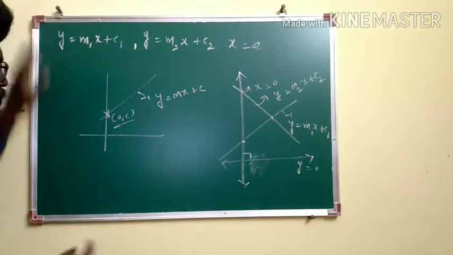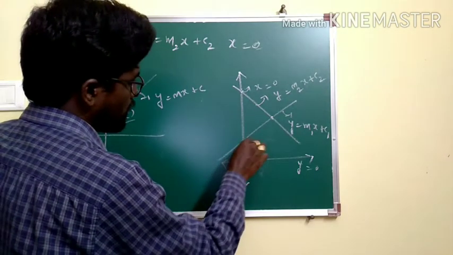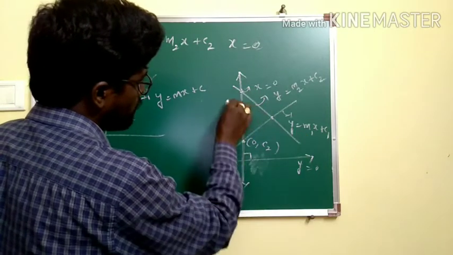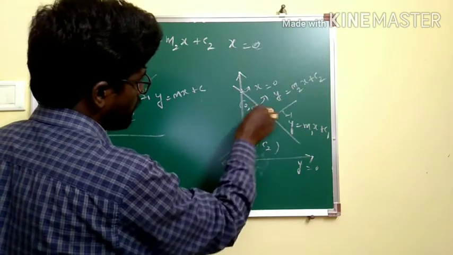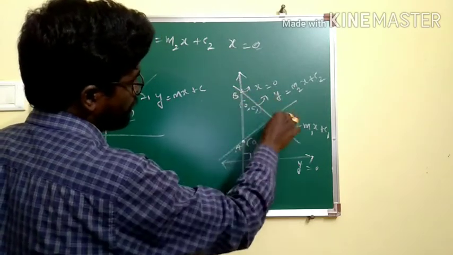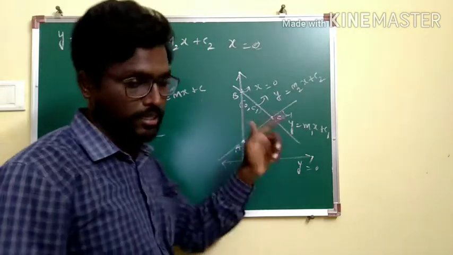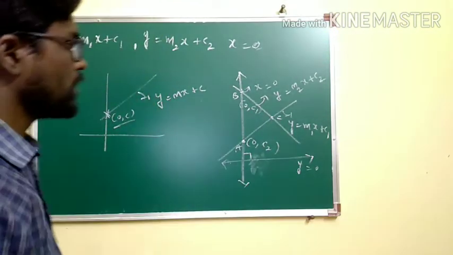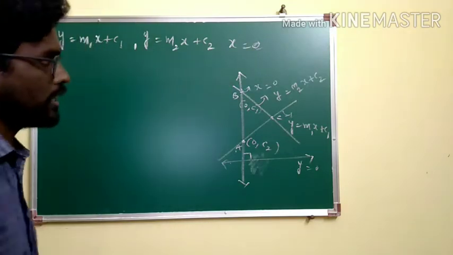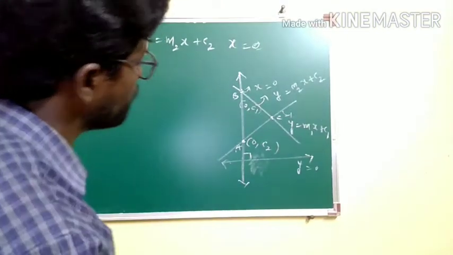So this particular point will be 0 comma c2 and this particular point will be 0 comma c1. For the triangle ABC, we are already aware of the coordinates of A and B, but we are supposed to calculate C. On finding the coordinates of C, we can prove the area of the triangle that is required.